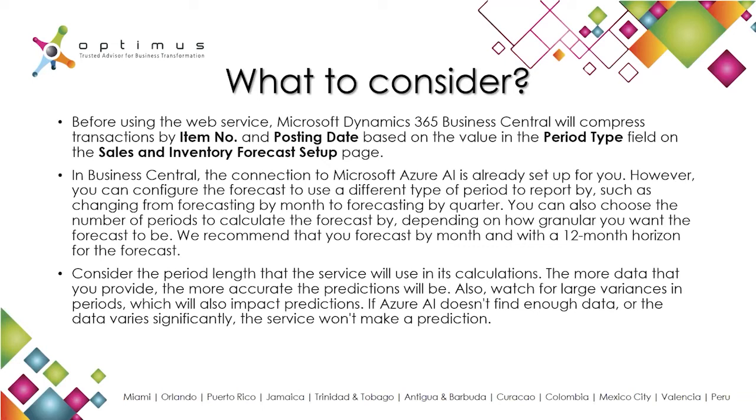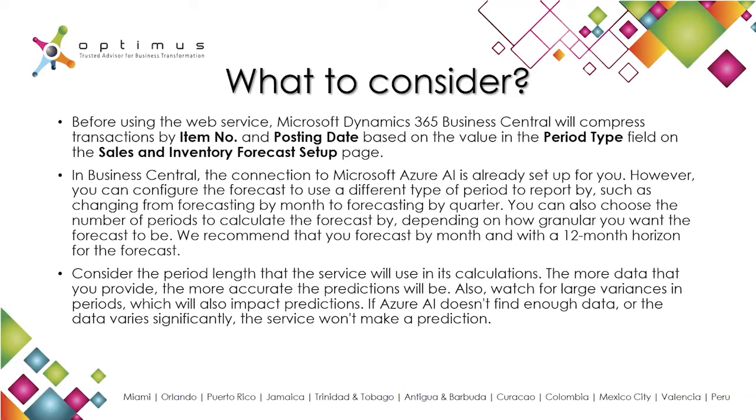Now, for us in Latin America, that's not the case, of course, and that's why I always suggest that for those important items that you sell the most, we strongly recommend going for the 1 year horizon for the forecast to review your past trends for the last year, in other words.